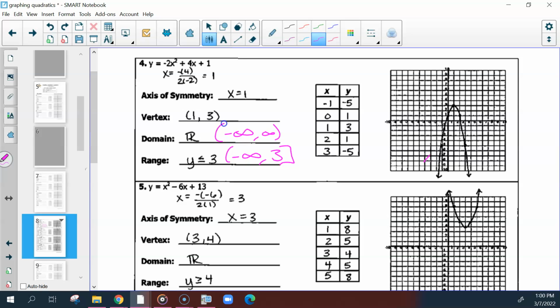For your domain, for your range, you're looking at lowest and highest. Your lowest, you don't know because it's going to keep going down, but your highest, you know because it stops there. Domain and range is something I'm introducing to you in this, but it's not something you'll be tested on. So know it, keep it in your mind if you're moving forward to Algebra 2, but it's okay if you don't 100% understand what that means.